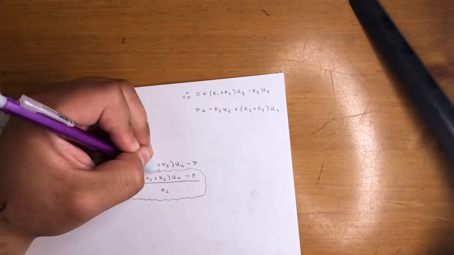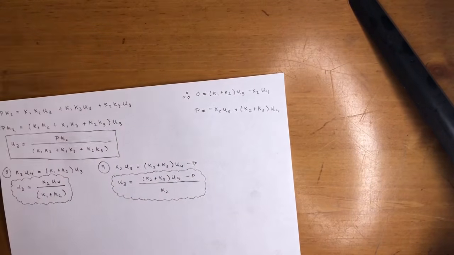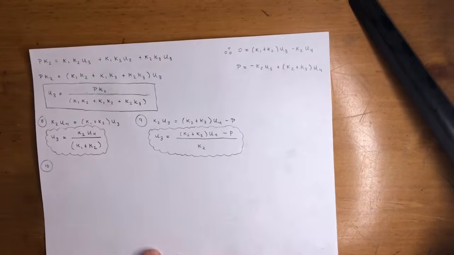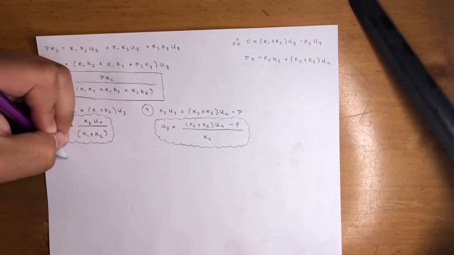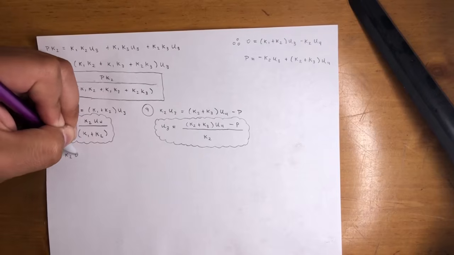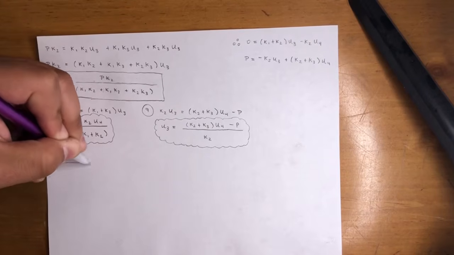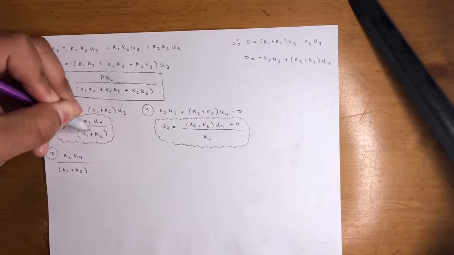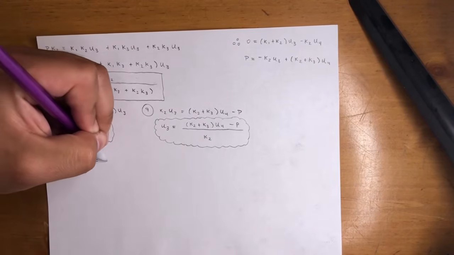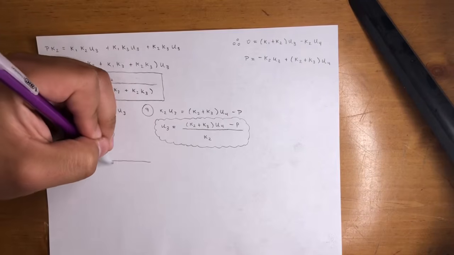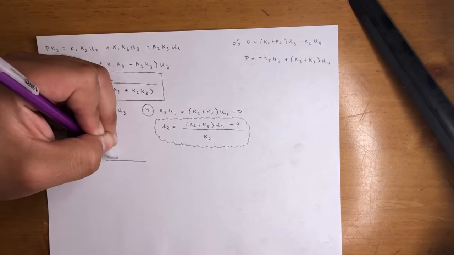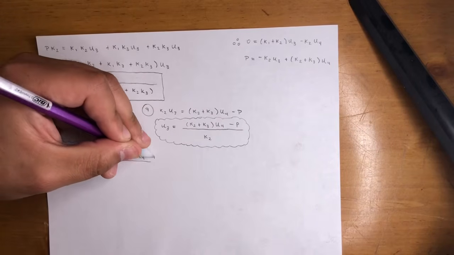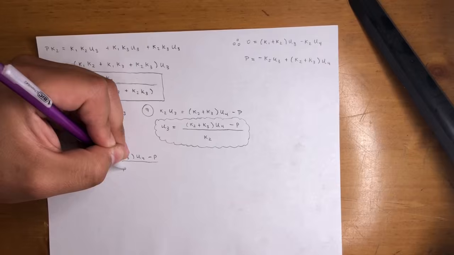All right, cool, so we got that. Set them equal to each other, just like we did with U4s. We got K2 U4 all over K1 plus K2, and this one is equal to, let's do the top first, K2 plus K3 times U4 minus P all over K2.